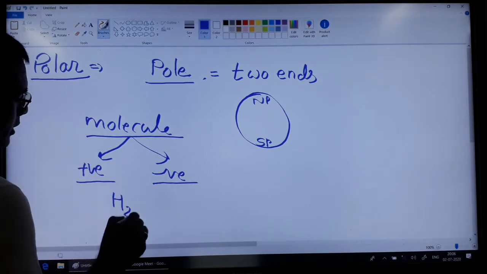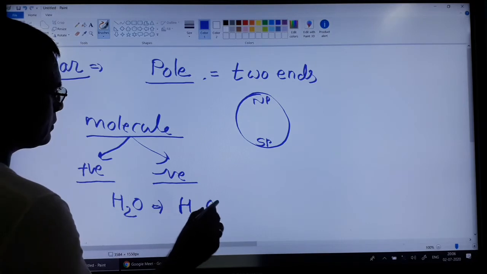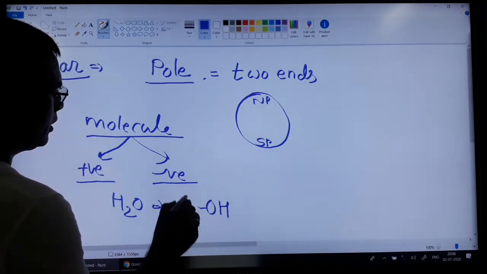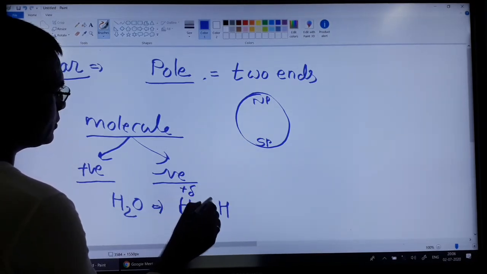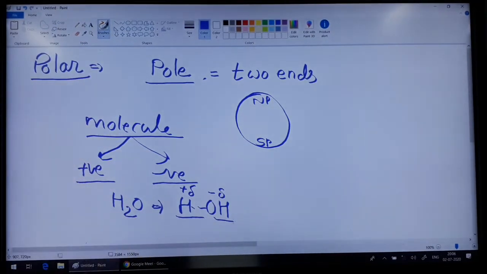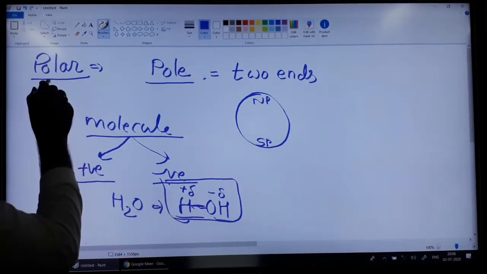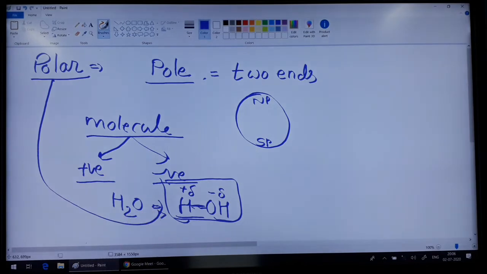For example, H2O. Now H2O can be written in this way also. Here we consider partial positive charge and here partial negative charge. So this water molecule is a polar molecule.